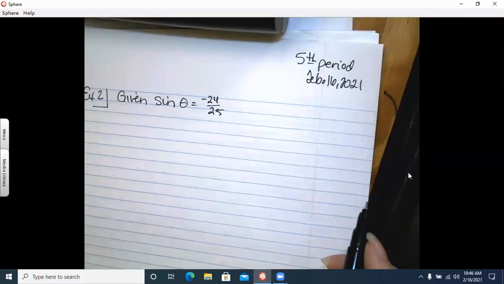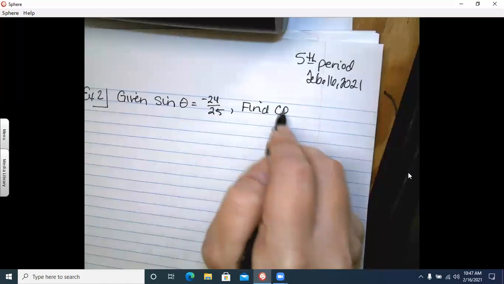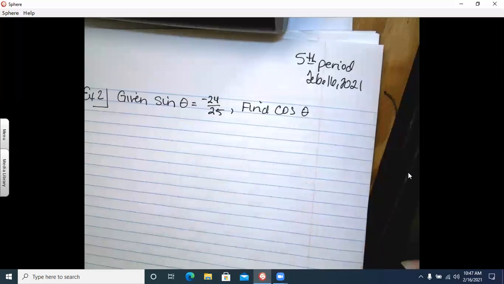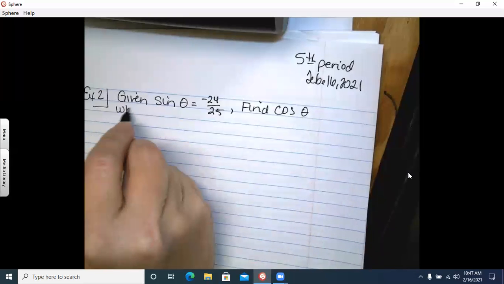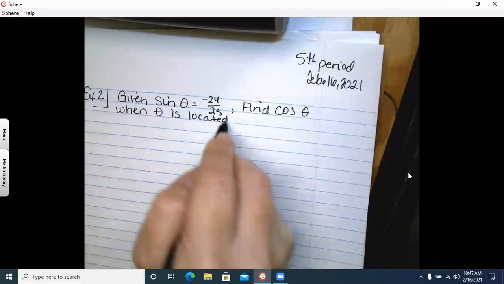You have 2 choices, if your sine's negative. 3 or 4, right? They both have a negative sine. Find cosine of theta when theta is located in quadrant 4.